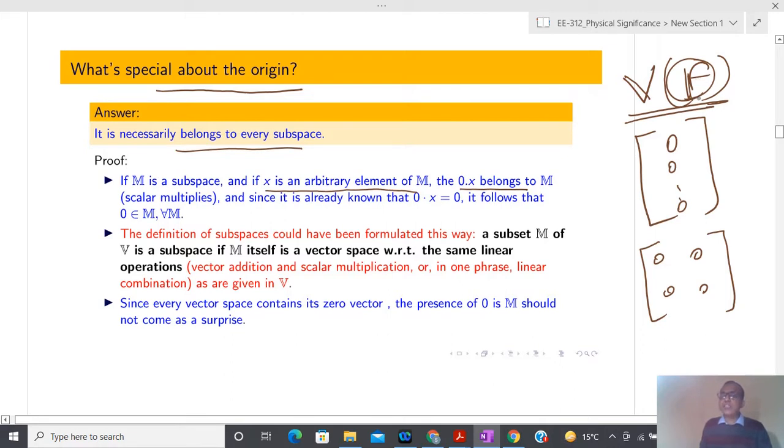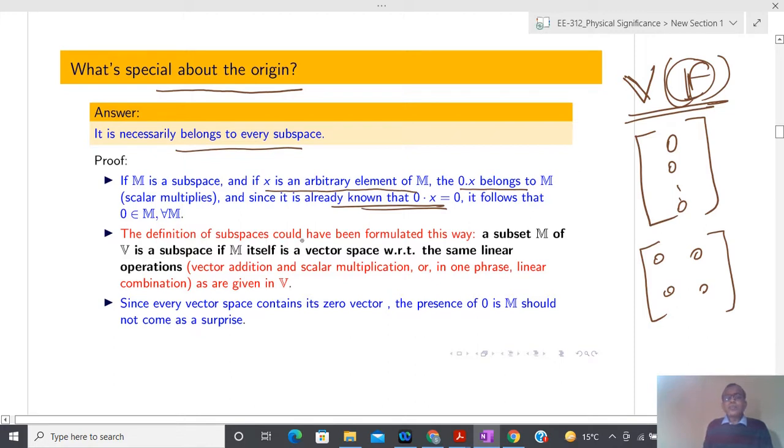In order to satisfy the definition of a field, we know that the zero element always comes into the picture, and if I multiply 0 with a vector, that will produce the zero vector. Due to that reason, the origin should always be inside the subspace.